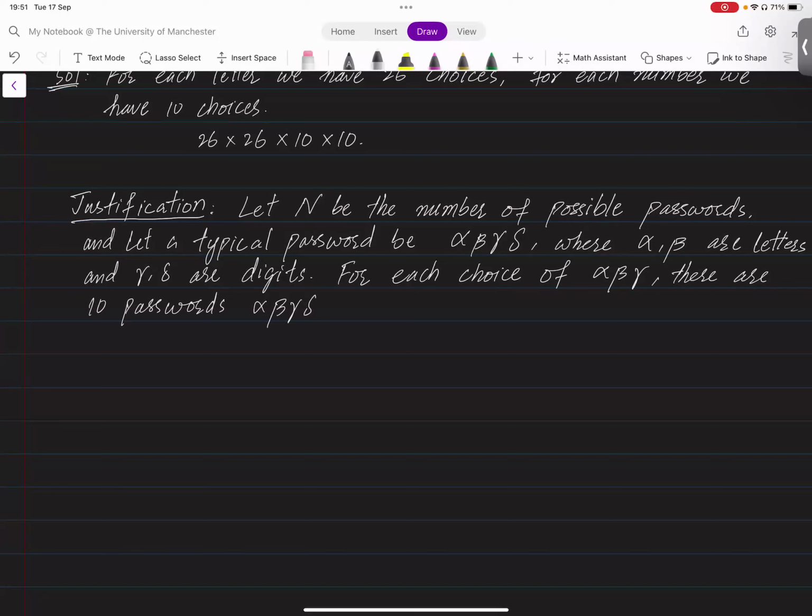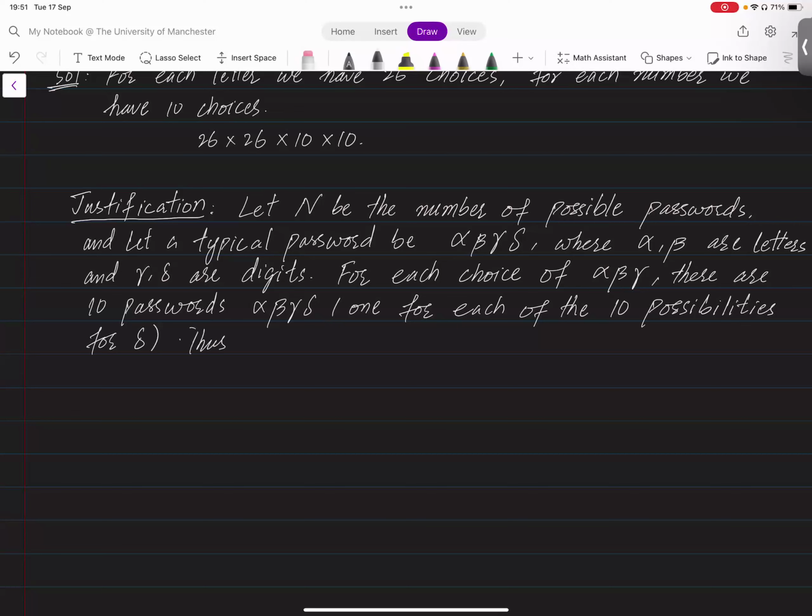One for each of the 10 possibilities for delta.